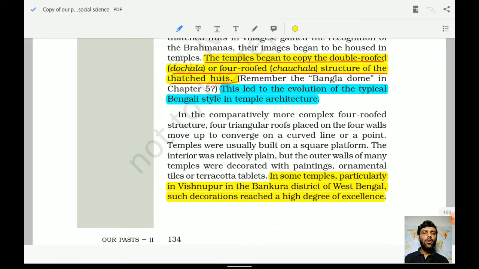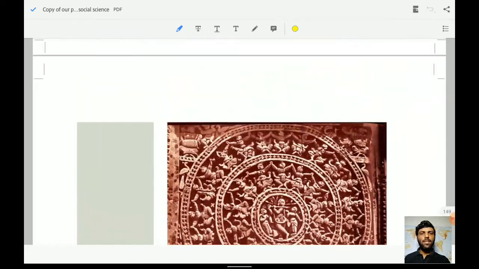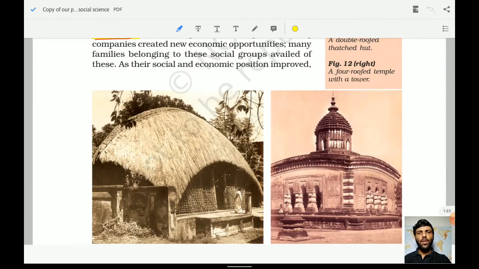The temples began to copy the double roofed structure, called the dochala, or the four roofed, also called the chauchala, of the thatched huts, which we see here as shown. Akbar got impressed with this particular type of architecture, and in several buildings he introduced this type of thatched roof.